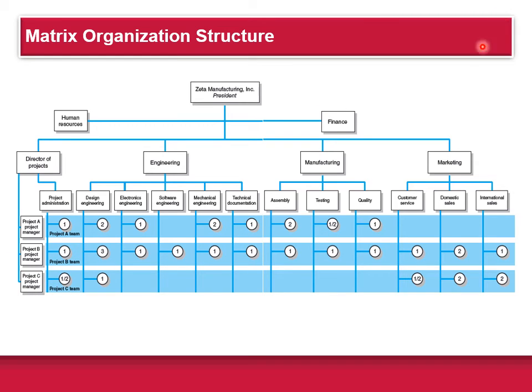So the matrix structure is designed to utilize resources optimally by having individuals work on multiple projects, as well as being capable of performing normal functional duties. At the same time, the matrix approach attempts to achieve greater integration by creating and legitimizing the authority of the project manager.